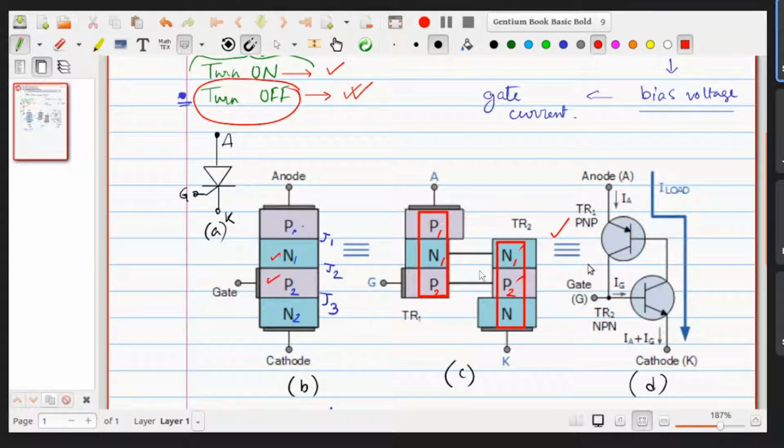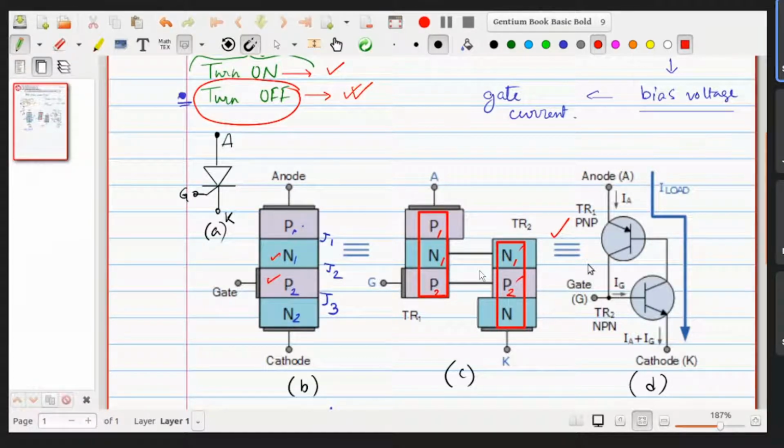Okay, so what we find is that it's a 4-layer device. We imagine splitting it up, and then we can represent it as 2 transistors, PNP and NPN, which are connected, with N1 and P2 split into 2 layers each.